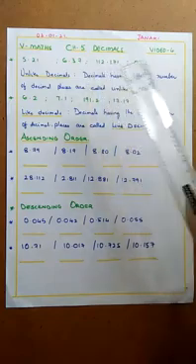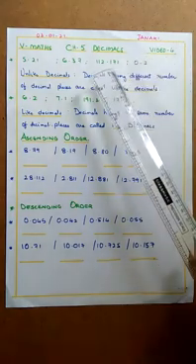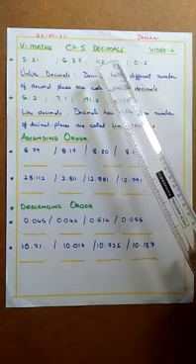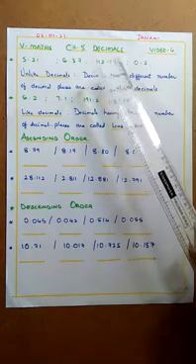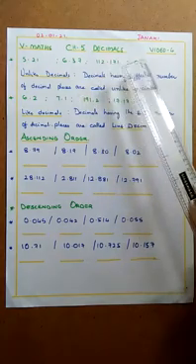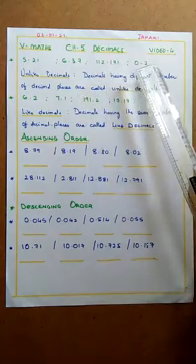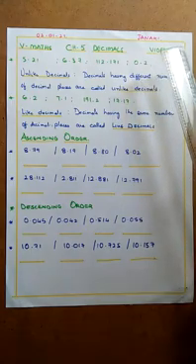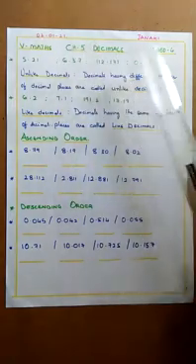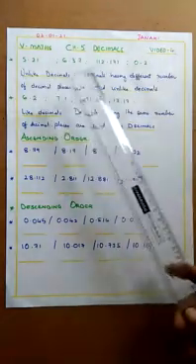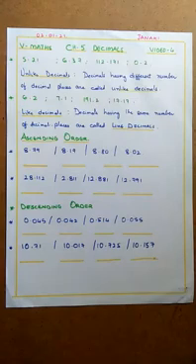Now here you have three places: tenths, hundredths and thousandths. But in the last one, 0.2, there is only one place after the decimal, that is the 10th place. So here you have 2, 2, 3 and 1. You have different numbers of places after the decimals.